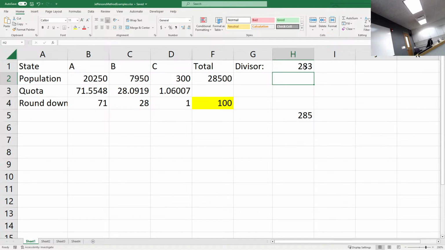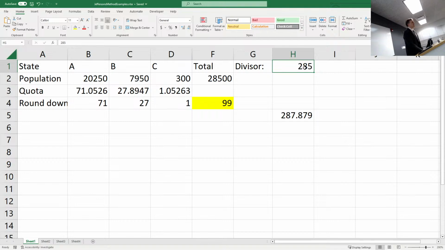So here it went to, let me do the standard divisor again, 285. It must have gone to the middle state. So generally, you find that this method favors larger states.